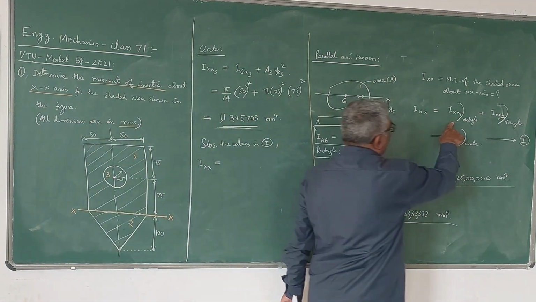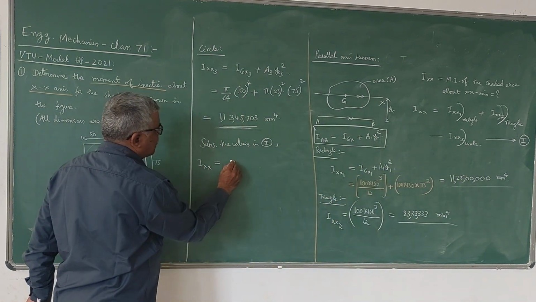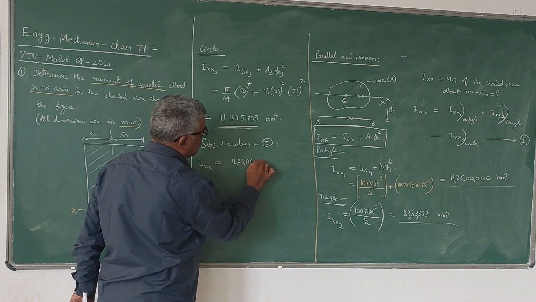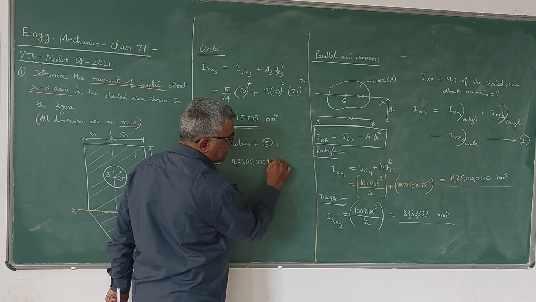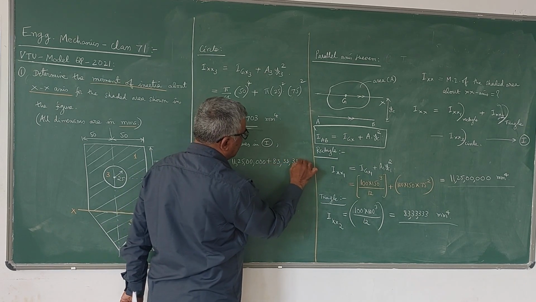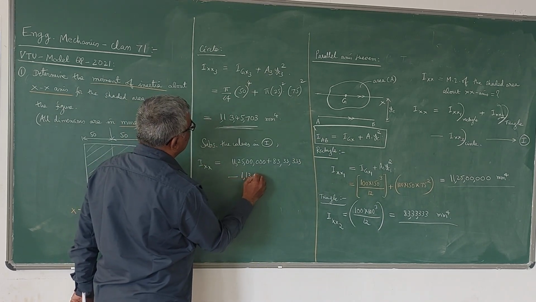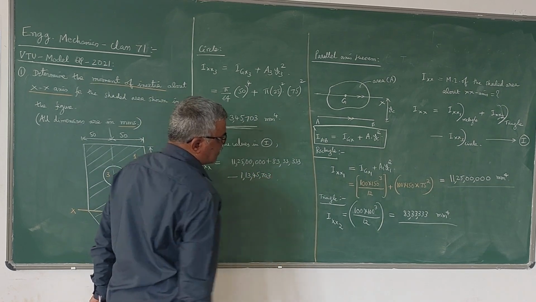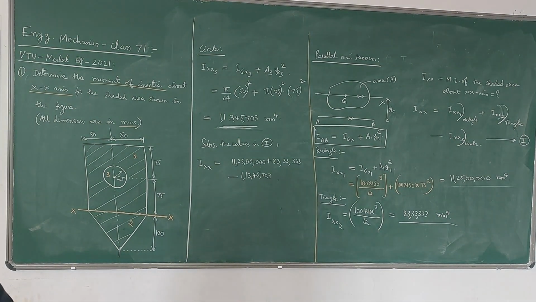It is Ixx1 plus Ixx2 minus Ixx3. So I will write down the values. Ixx1 is 11,25,00,000. Ixx2 is plus 83,33,333. Ixx3 is minus 1,13,45,703. So this is what we got.